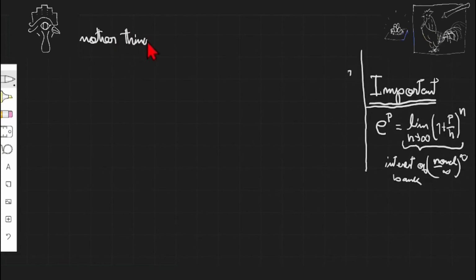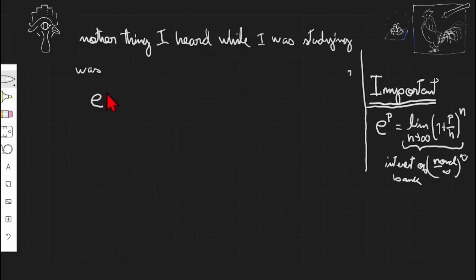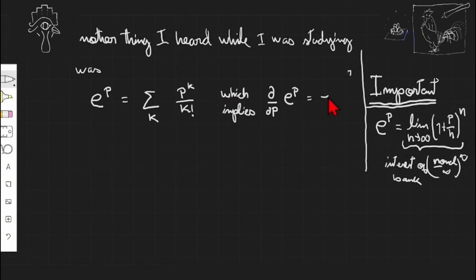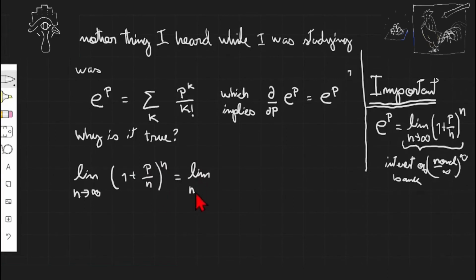From another point of view, when I was in the university, the first time I saw the exponential was given using this other formula. And with this other formula, it's really easy to see that the derivative of the exponential is equal to the exponential. Now, how do we see the relation between this formula that was given in my university at the beginning and the formula we just saw previously?